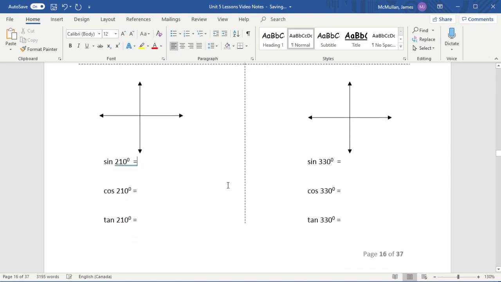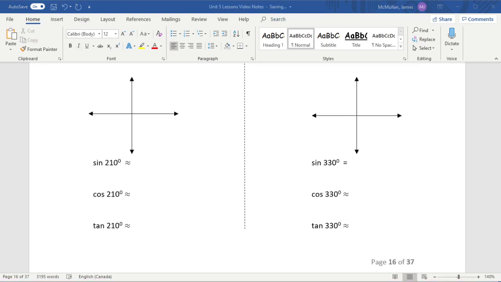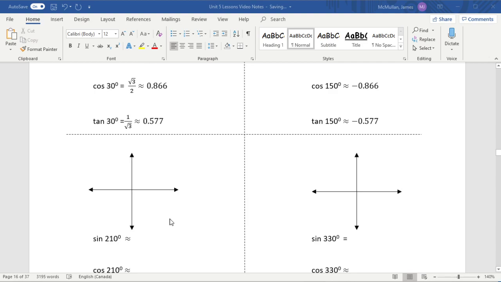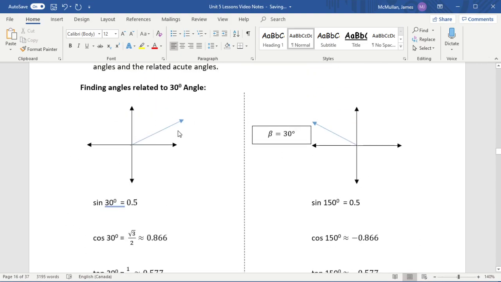Okay, again, I'm just going to quickly replace all these with approximately equals, so I don't have to bring this with me all the time. Actually, I'll pause it and just get this done so you don't have to watch this. Alright, so when we're looking at the 210, what angle is 210?